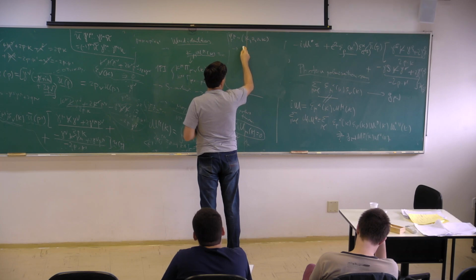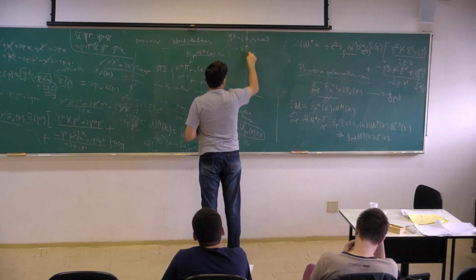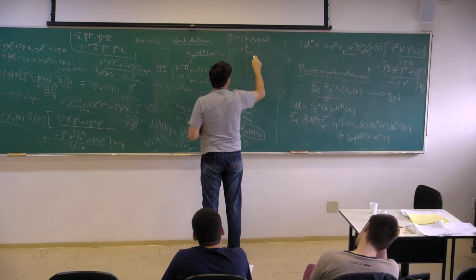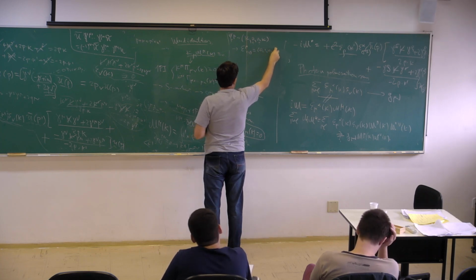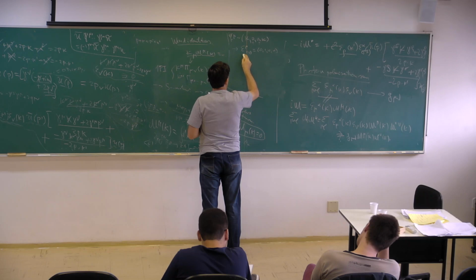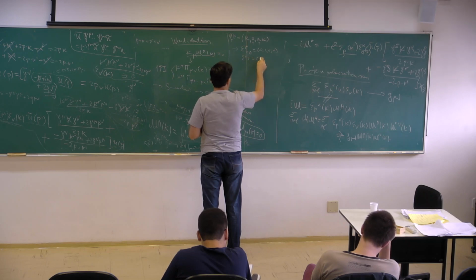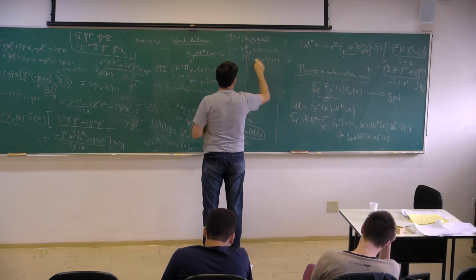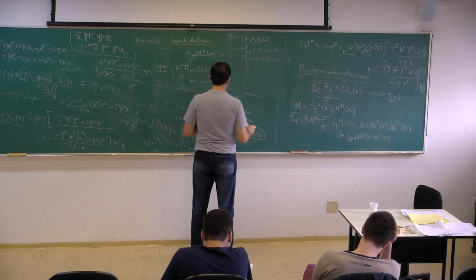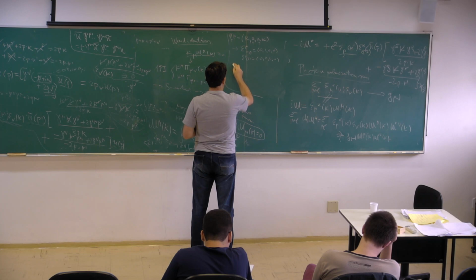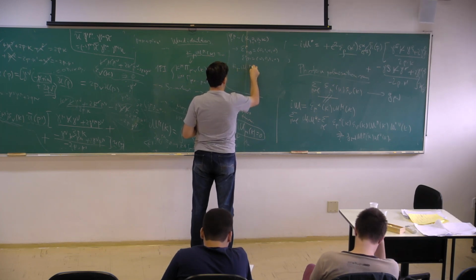Then the two physical polarizations are transverse, so in the directions 1 and 2. This would be 0, 1, 0, 0, and 2 would be 0, 0, 1, 0. So then k mu M mu of k equal to 0.